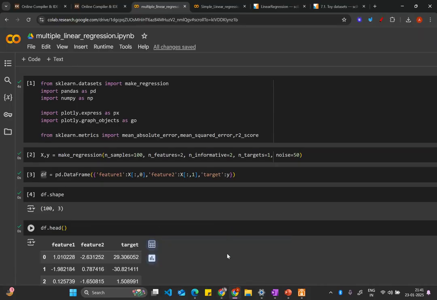We can specify any number of rows or any number of columns where we are reporting make regression. Suppose you want to make 100 random numbers, you can go for 100. There is no issue with that.